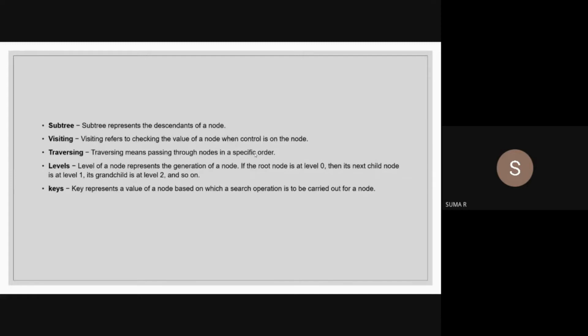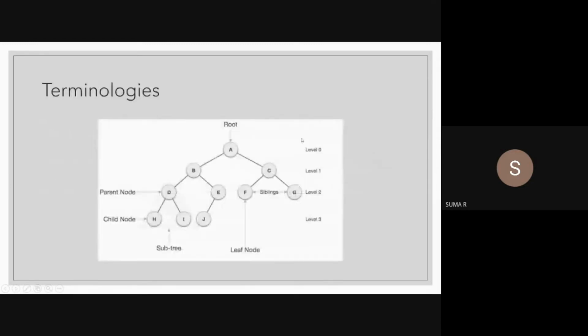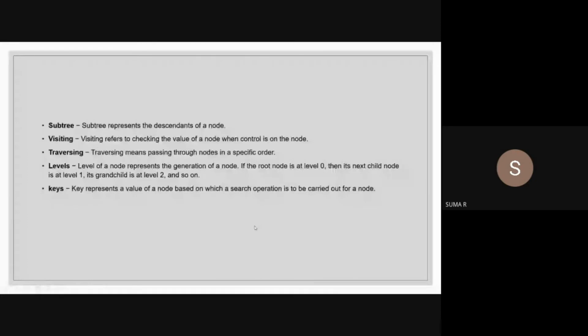Now level. We have already seen level. The level will be counted from 0 from the root node onwards. Each hierarchical level is counted as 0, 1, 2, 3, etc. Now keys. The data stored in every node is called as the key.